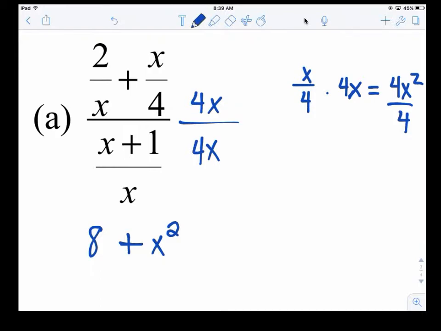We haven't gotten to the bottom yet. We're still just doing the top.